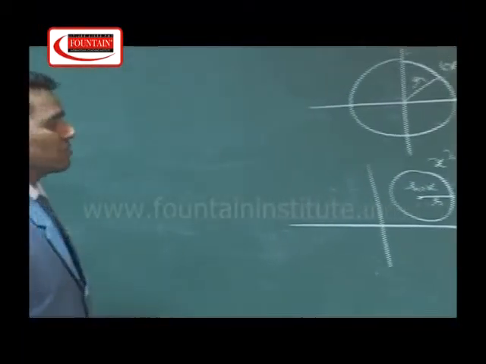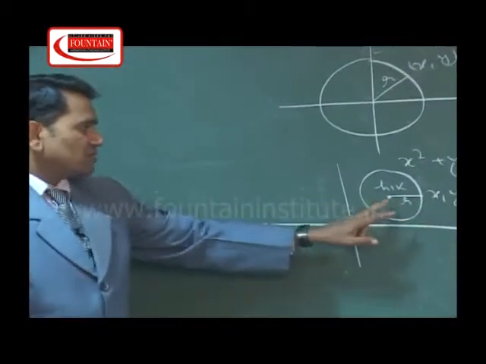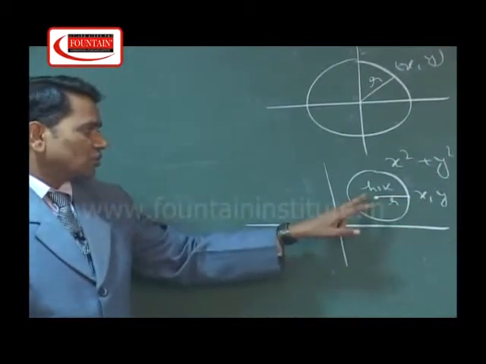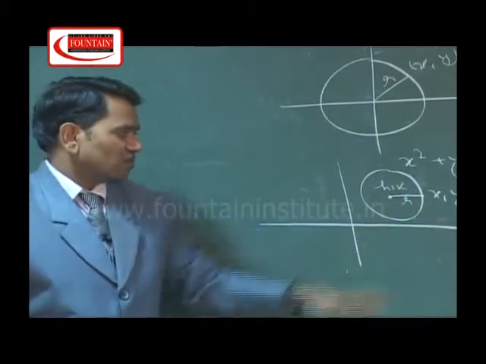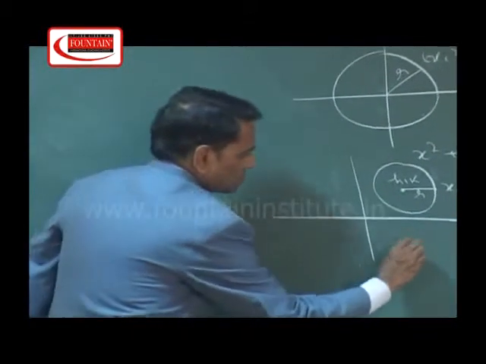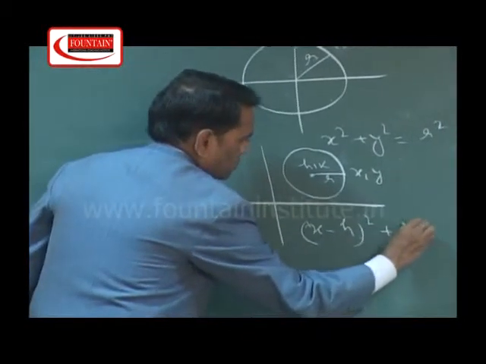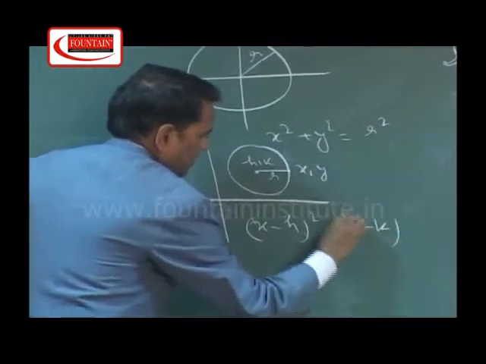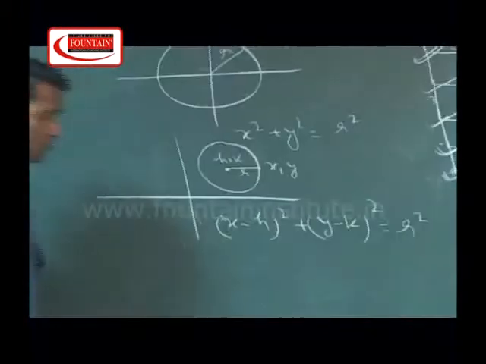So in that case, using the distance formula, x1 minus x2 means (x minus h) whole square plus (y minus k) whole square is equal to r square. So write down (x minus h) whole square plus (y minus k) whole square is equal to r square.